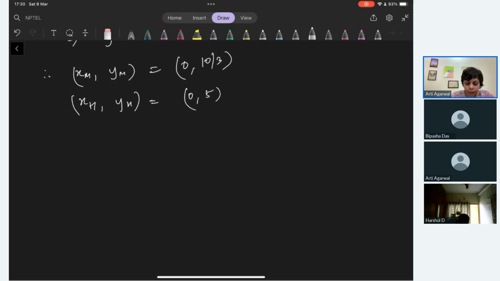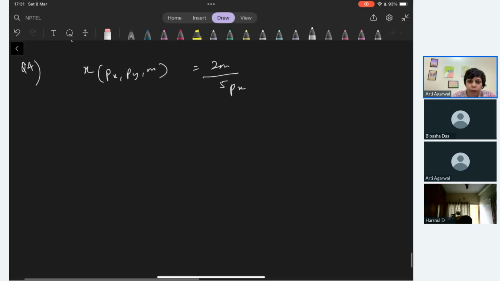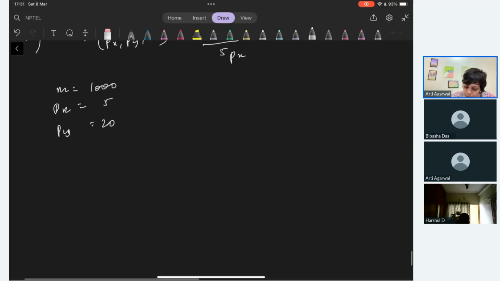So this is just a little bit of practice of whatever we have already learned. We are given X as a function of Px, Py, and M as 2M by 5Px. Initially, M is 1000, Px is equal to 5. Then price of X changes to 4.